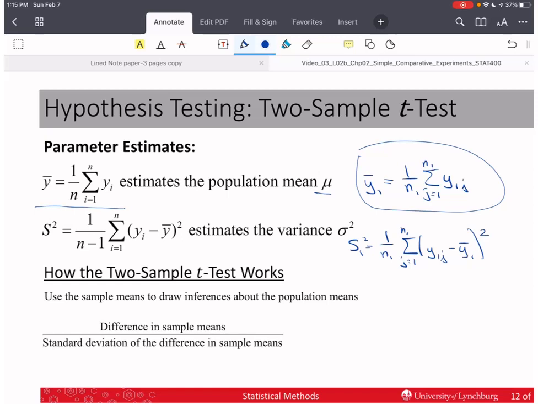So how does the two-sample t-test work? Well, it uses sample means to make inferences about our population means. What we're going to do is take the difference in the sample means and divide it by the standard deviation of the difference in sample means.